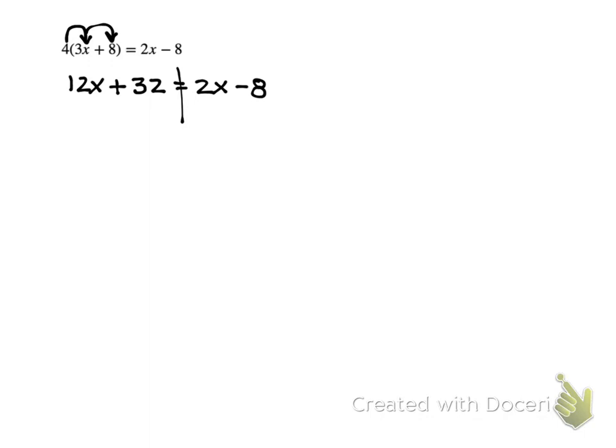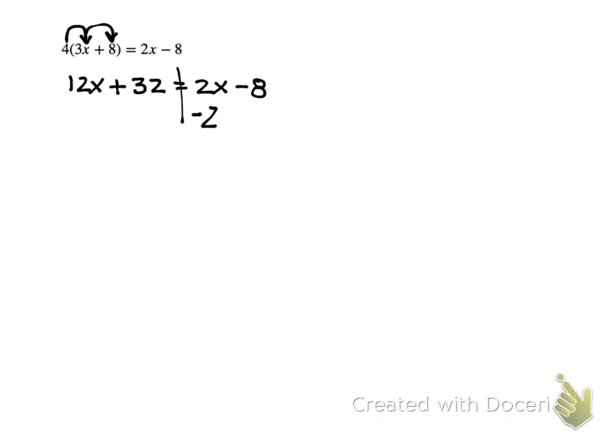And you know you have infinite solutions if all your variables are gone and you have a true statement, like 5 equals 5. It would say something like x equals x, or 2x equals 5x. It's just easier to see if it's just numbers. So that's the only reason I suggest it.